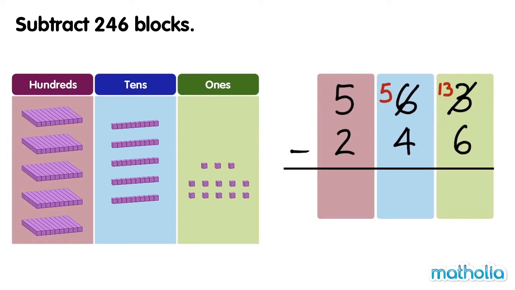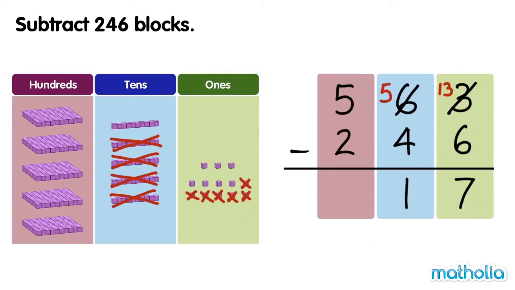Let's subtract the ones. 13 ones minus 6 ones equals 7 ones. Next, we subtract the tens. 5 tens minus 4 tens equals 1 ten.